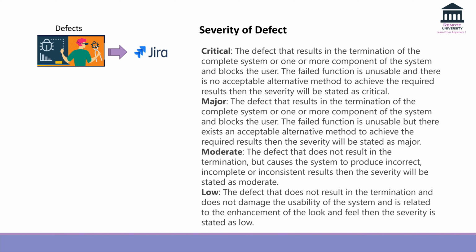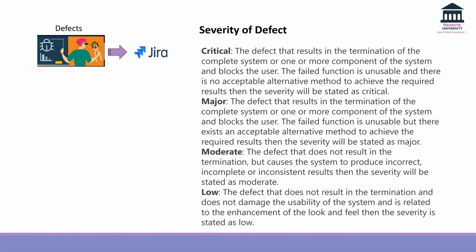Let's take an example of an application where you have login as a feature. You're trying to log in with your account and you are unable to, which is totally terminating your flow. Here we call that critical. There is no alternative, you are totally blocked. So this one is categorized as a critical defect.